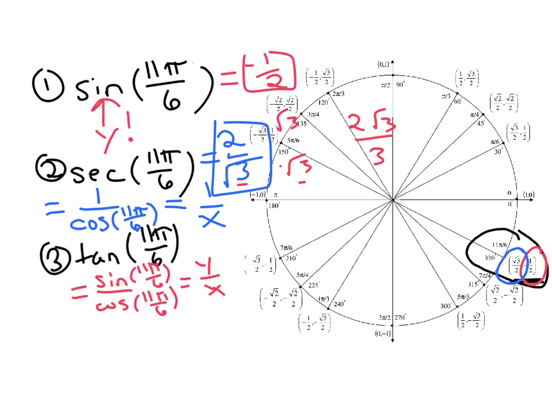So y is equal to negative 1/2 over x is equal to the square root of 3 over 2. Now, you don't want to leave an answer like that. That's too messy. It's called a complex fraction, remember, when there's a fraction within a fraction.